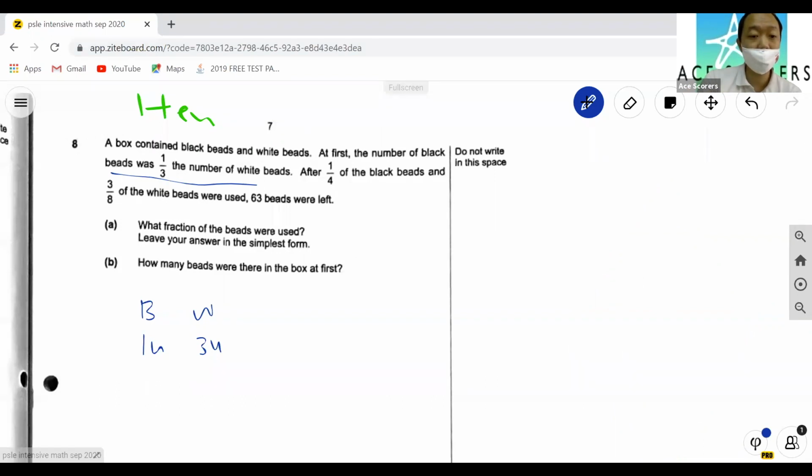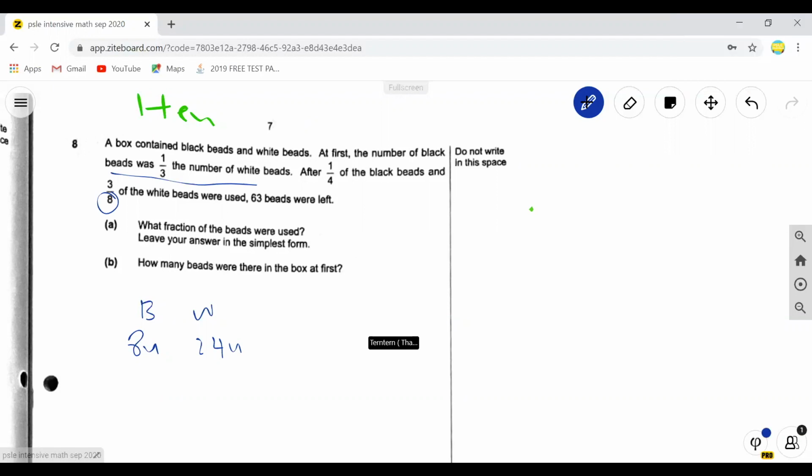For example, can I change it to 4? If I change to 4, this will be 12. But then 12 doesn't fit 8, so I times by 2, and it becomes 24. If this is 24, this will be 8. Can you see the thinking behind this?